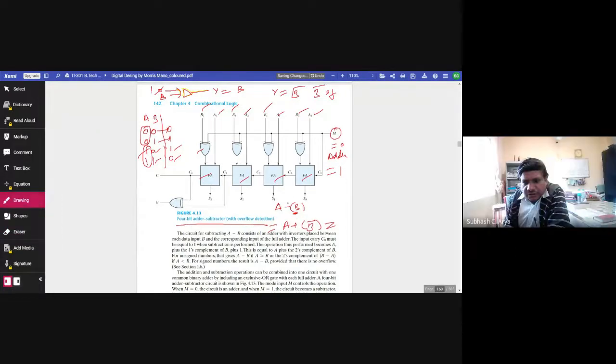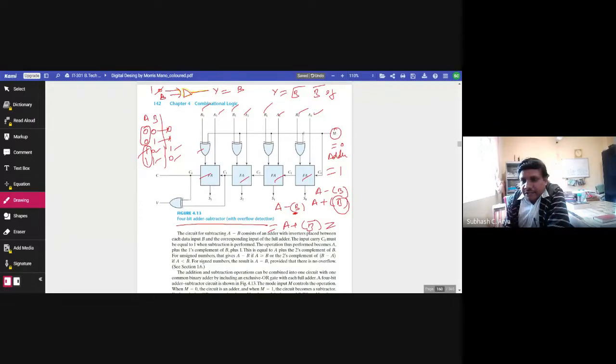If you recall, A minus B, where A is a positive number and B is also a positive number, but the operation we are doing here is subtraction. In binary, this is equal to A plus B complement. This is what we have done with the one's complement method: we have done the subtraction operation with the help of the adder using the one's complement method. And now we want to get this complement, and the complement can be generated with the help of a NOT gate. And this is M.